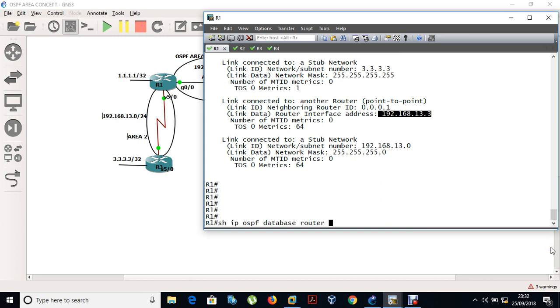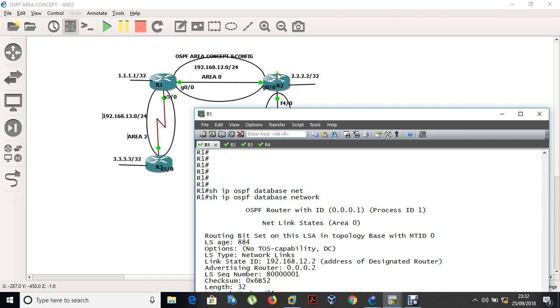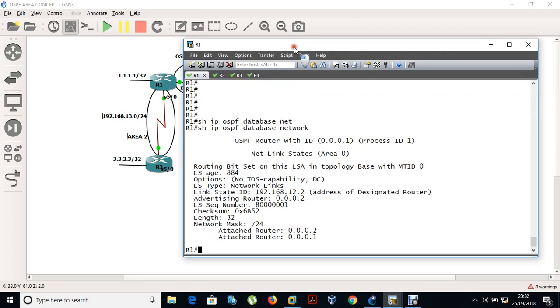So this information stays in this area and this area as well. If we go to network LSA, it says the router ID for area 0 is this one. R2 is advertising the connected network.